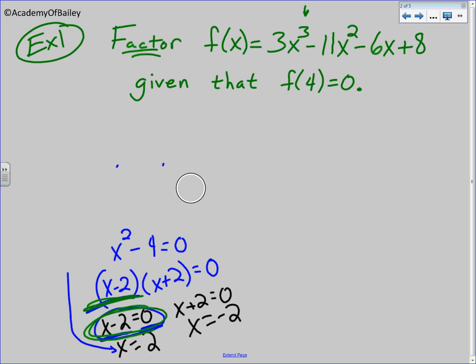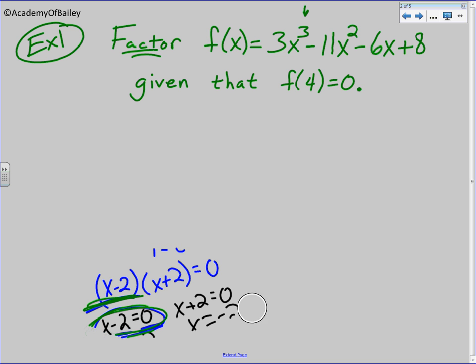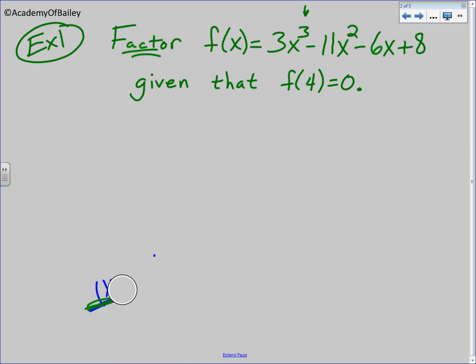So now we have to use what we're given, which is f of 4 is equal to 0, to determine what the other factors are. We're going to go ahead and use synthetic division. Synthetic division is set up kind of like this. We're going to have a 4 here and this kind of bracket.